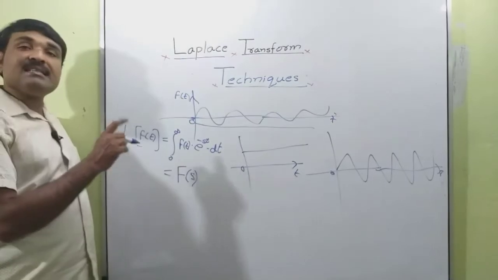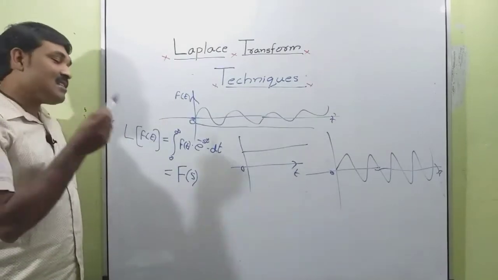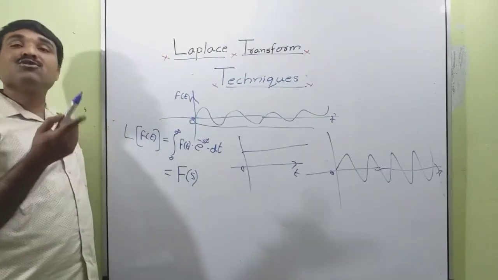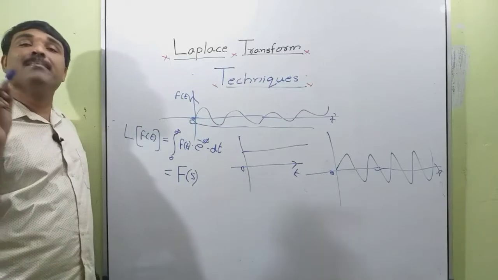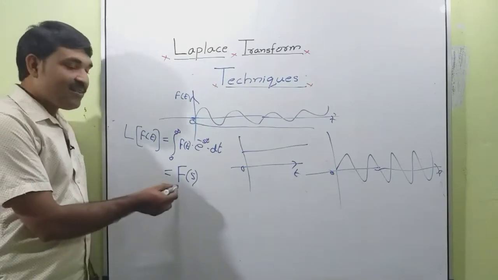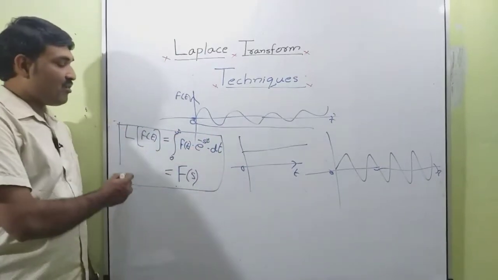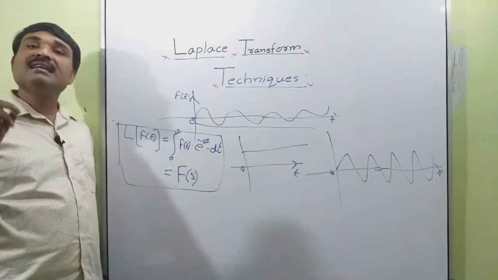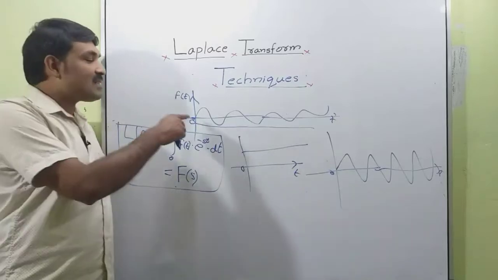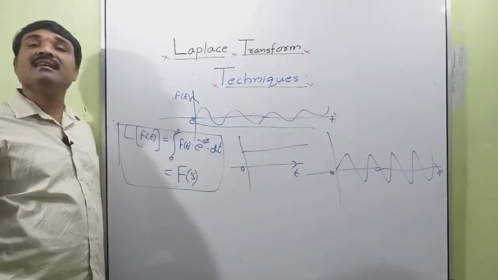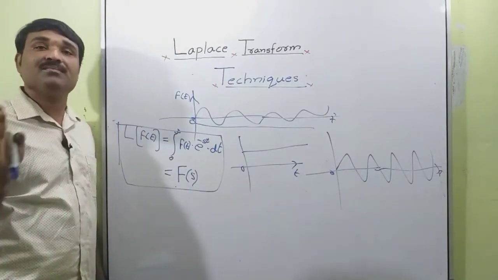So the signal is usually represented by small letter f and its transform is represented by capital letter F. This is the basic definition of the Laplace transform of a single-sided signal, that means the signal existing for t greater than or equal to 0.